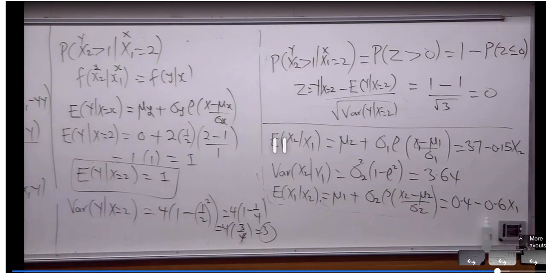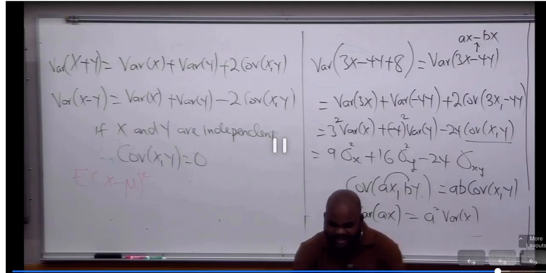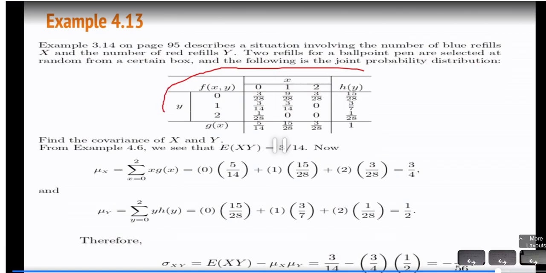Oh, this time is flying. Now, I've got this. And maybe I ask you to find the covariance. This is the final formula for covariance. Let me write the final formula for covariance.